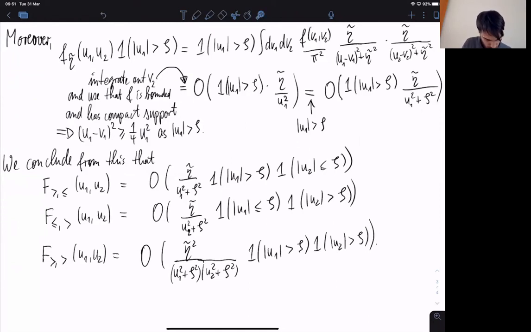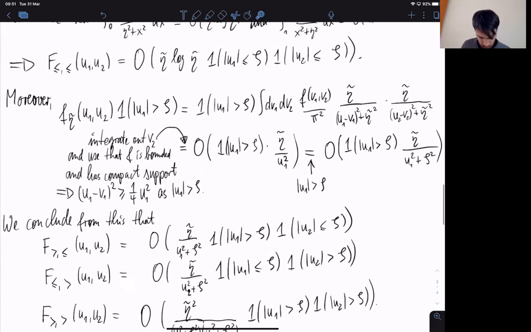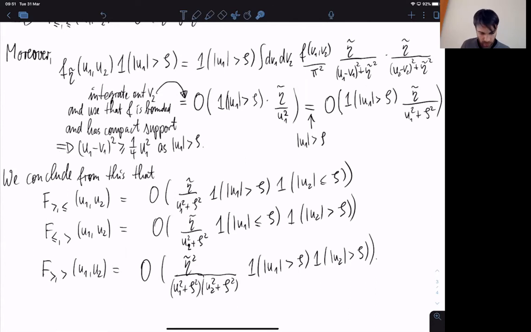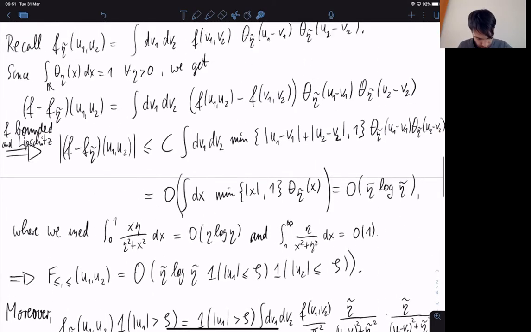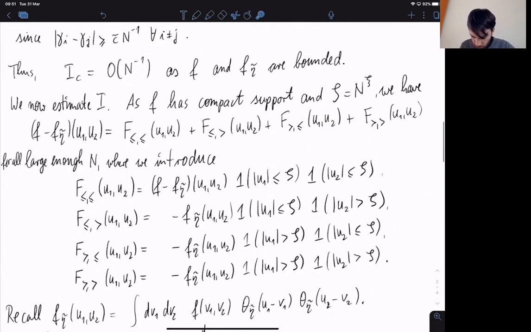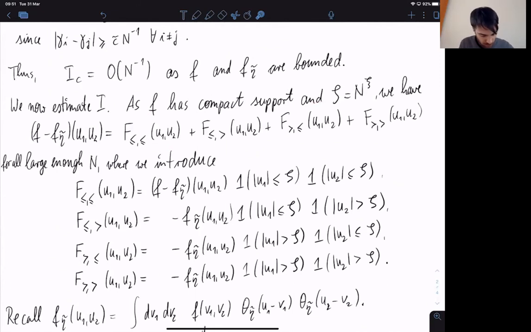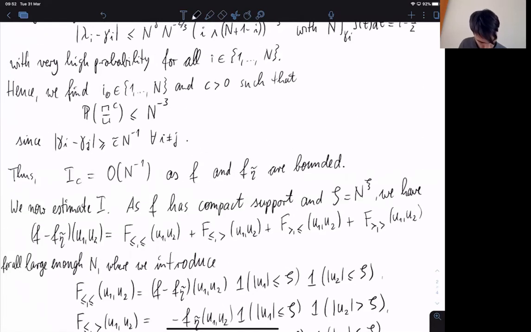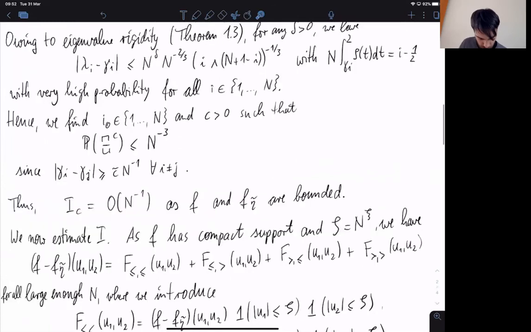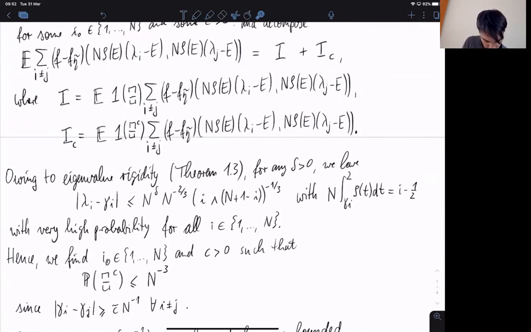Now maybe you can take another picture right now, and then we can go back and see how this decomposition of the f can be used to decompose the I. Remember, we had this decomposition of this difference, and I want to plug this decomposition back into the definition of the I. Now we cannot gain from this, but we have to estimate all of these terms individually. But we will of course use the definition here.